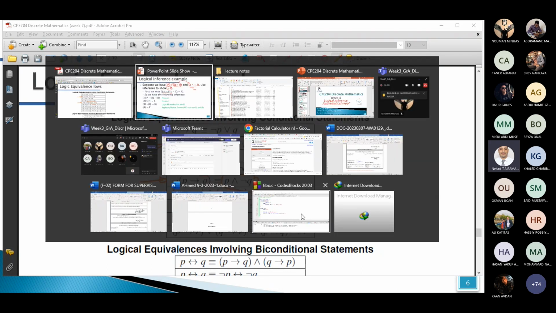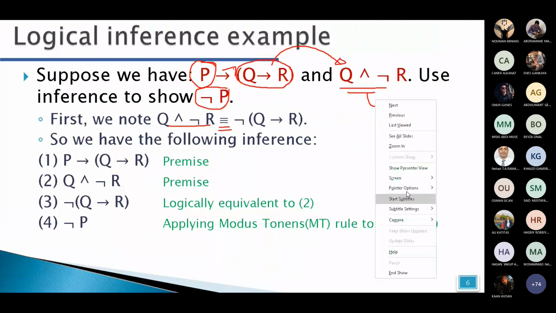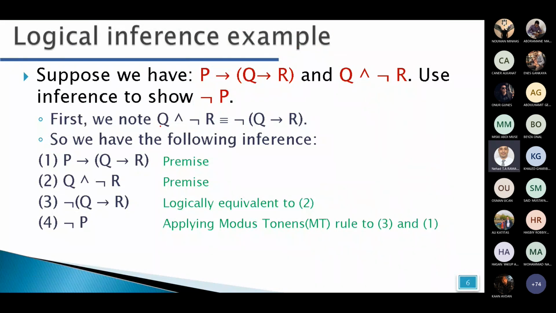And that is what we applied here. We said we have this premise. From this premise, it's equivalent to not Q implies R. Not the Q implies R from the logical equivalence rule. Okay, so now we have not the Q implies R, and we have this statement. From it, we can get not P directly.